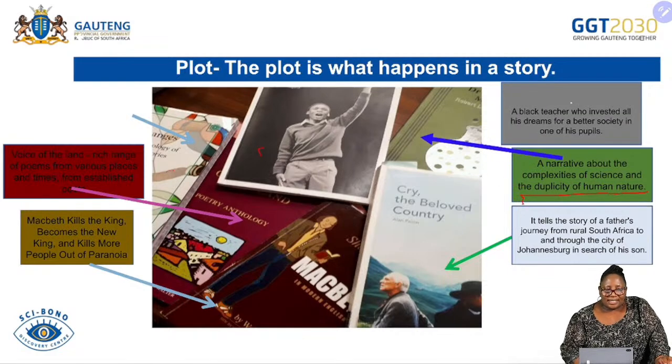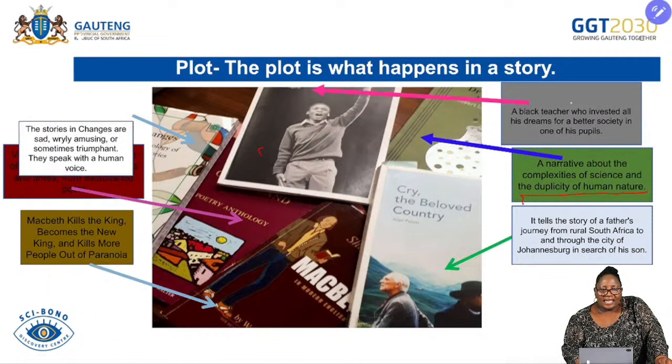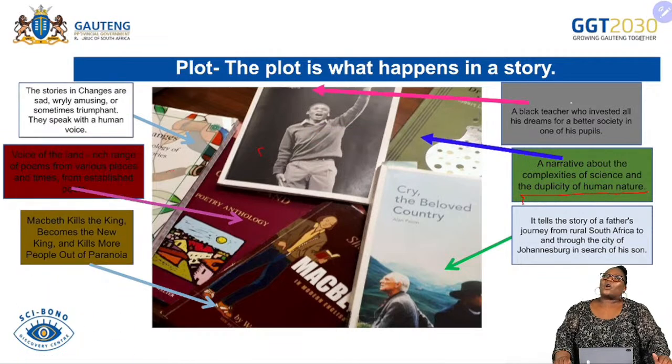Our short stories are about a collection of sad, sometimes very amusing, or sometimes triumphant themes or storylines, and they speak with a human voice.